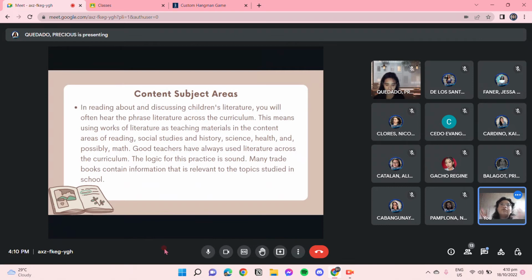Like you can't live without reading. You can't live without literature, because studies and research are still in the literature field. Possibly math, it can help you identify or solve a problem.